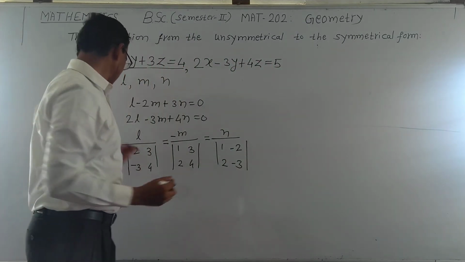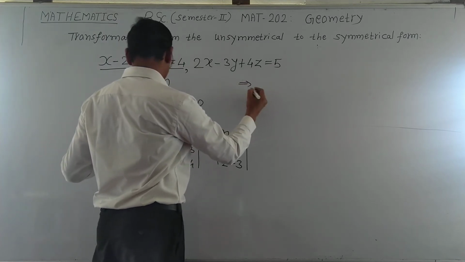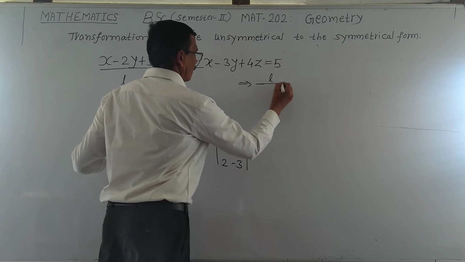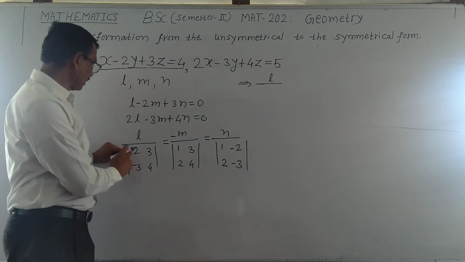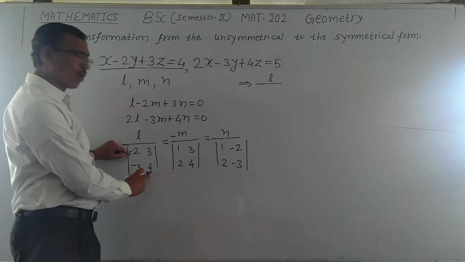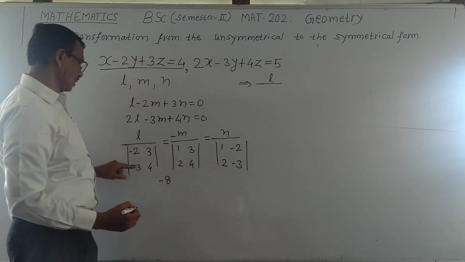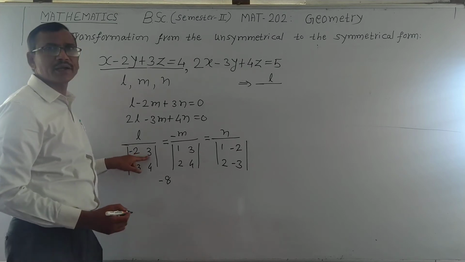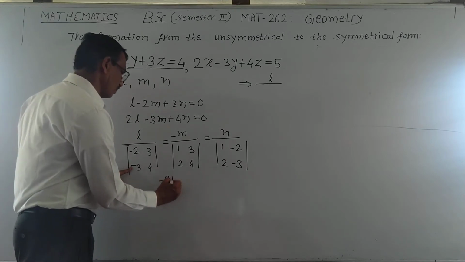Then simplify this. This implies l upon, we know how to solve the determinant: minus 2 into 4 is minus 8, and 3 into minus 3 is minus 9, but we have to consider the negative sign, so it is plus 9.